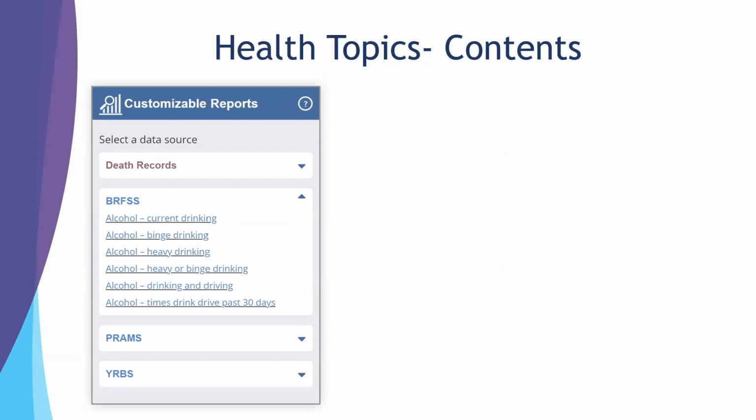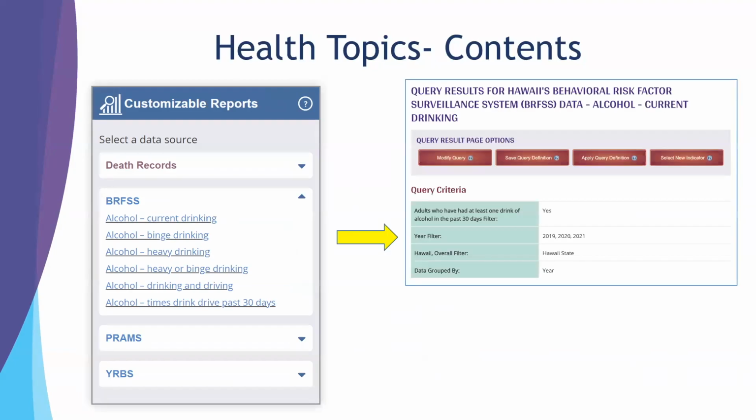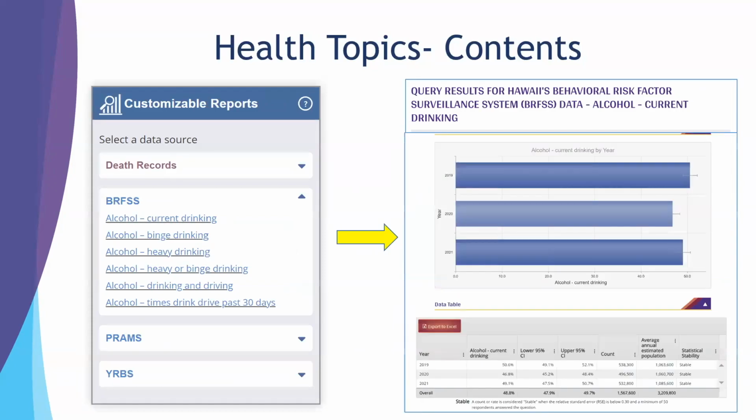After seeing your options for customizable reports, you probably want to get a little deeper into the data for the indicator of interest. So if you click on your indicator of interest, it will take you to a default report with the 3 most recent years of data, and the data is displayed in both chart and table form. And here, if you've used our Build a Report feature before on HHDW, you'll recognize this as the default indicator report that can then be customized to display the data in any way you want to see it.